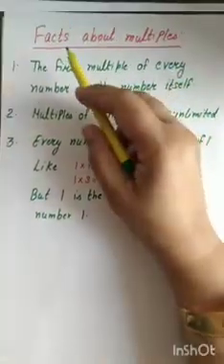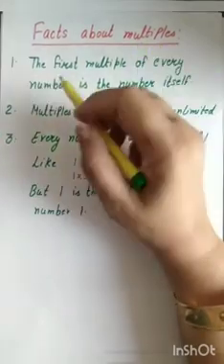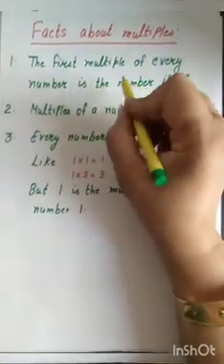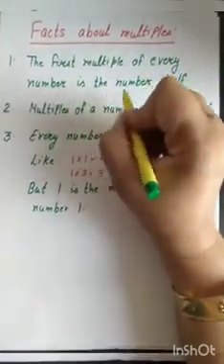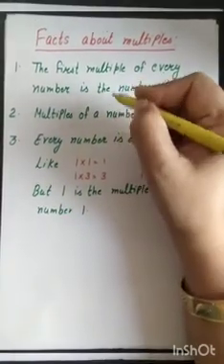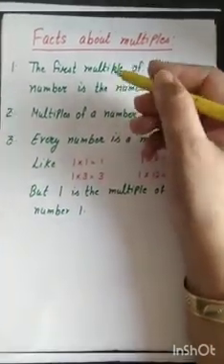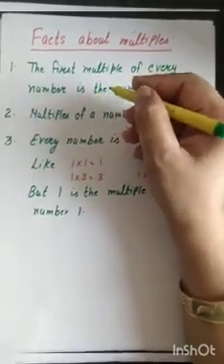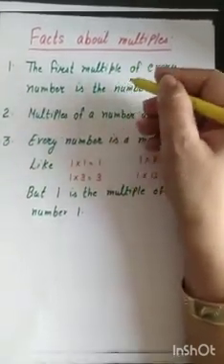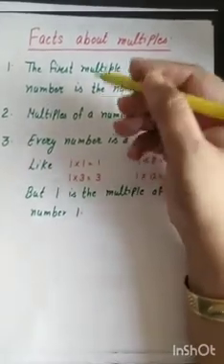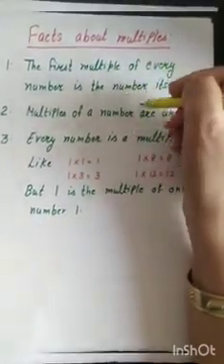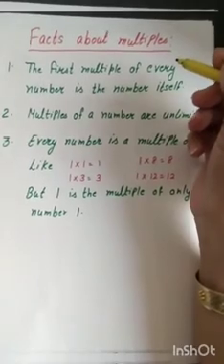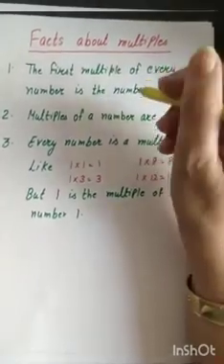Now I will explain some facts about multiples. The first multiple of every number is the number itself. This means when we recite the table of any number, like 1 sevens are 7, 1 eights are 8, 1 fours are 4, the first multiple we always get is the number itself.